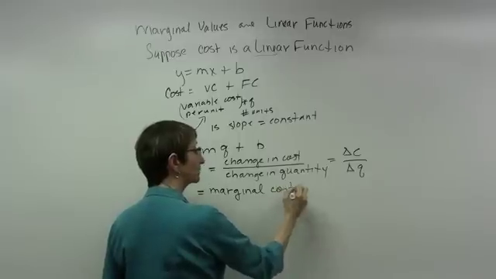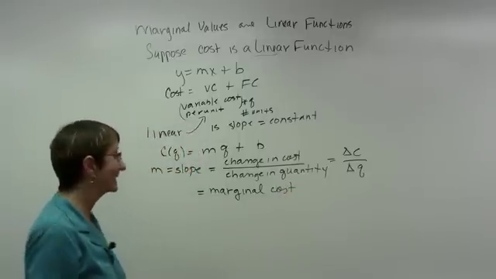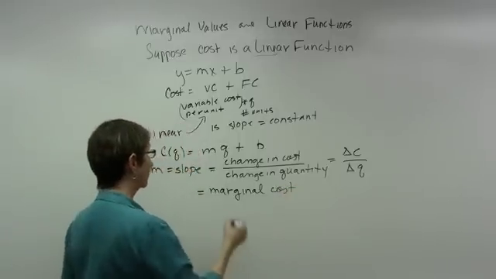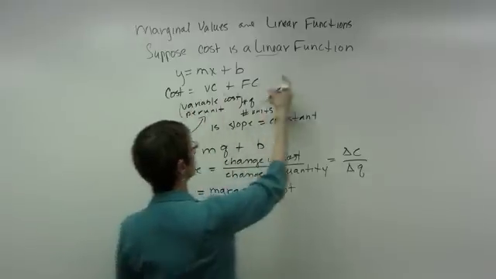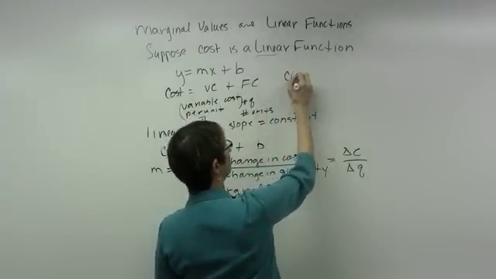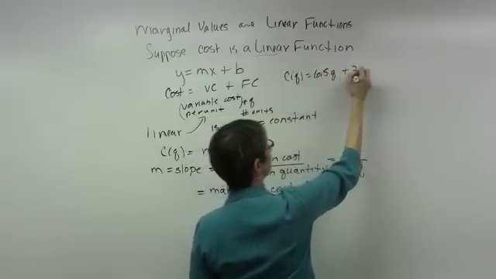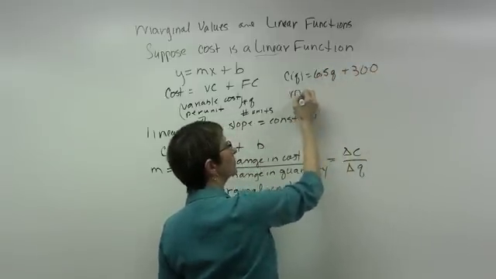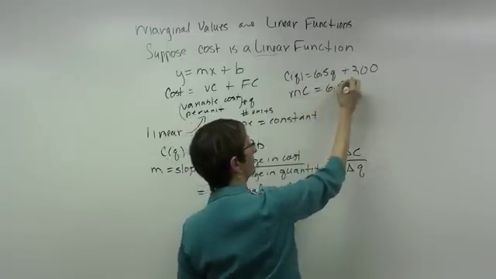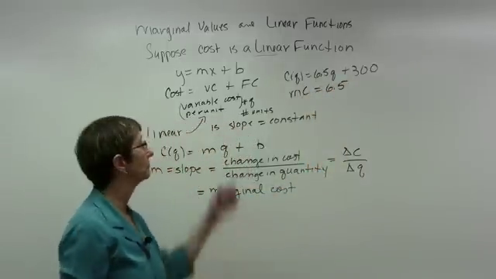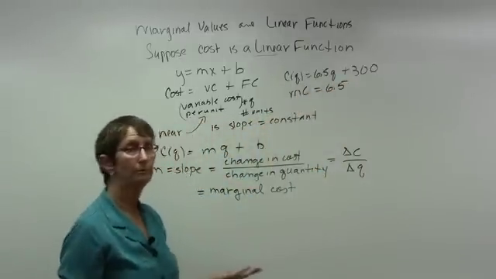So for a linear function, the marginal cost is the slope. If I have a cost function C of Q equal to 6.5Q plus 300, marginal cost is equal to 6.5. It's a constant. And it is the same as the slope.